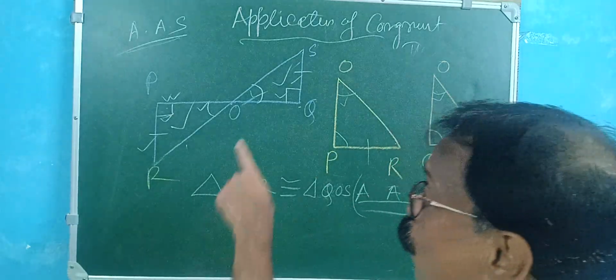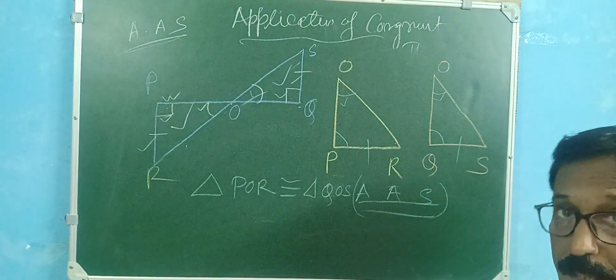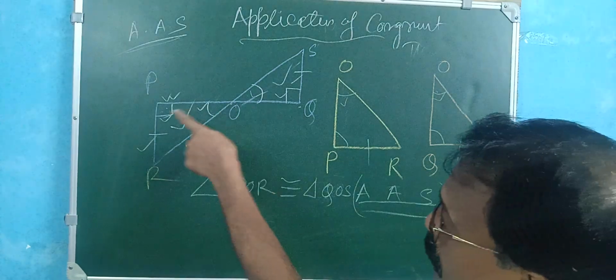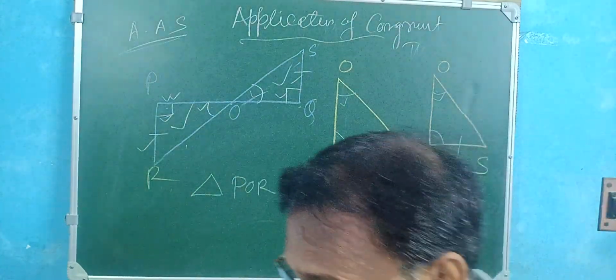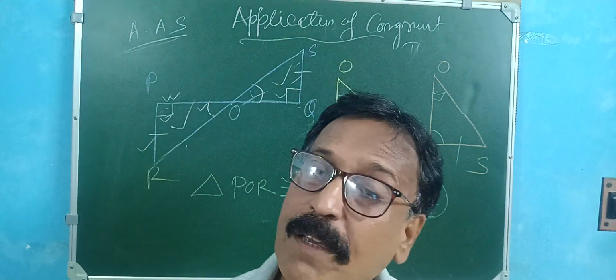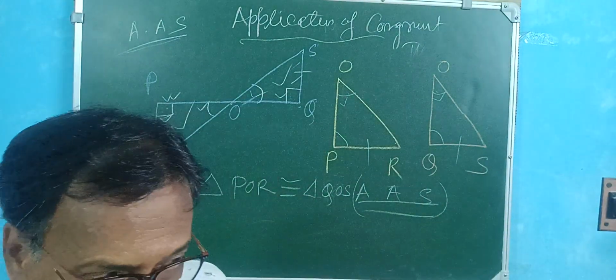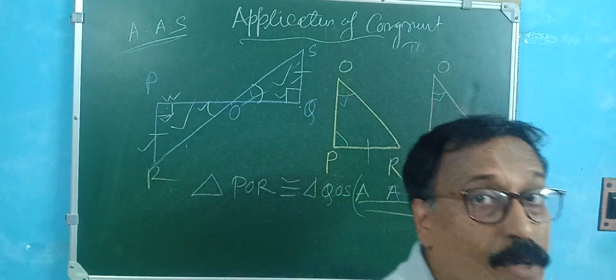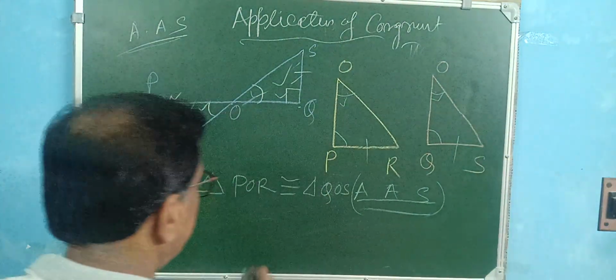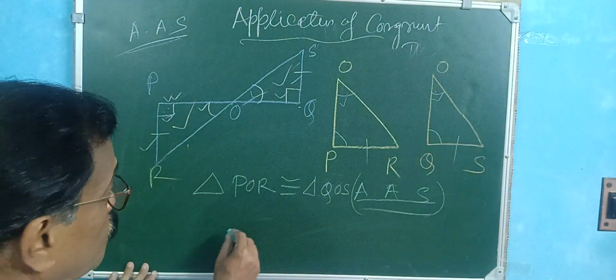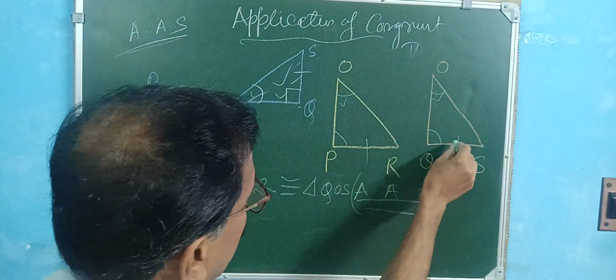But here the question is not to prove the congruency. Here the question is: O is the midpoint. You have to prove it. O is the midpoint of PQ or O is the midpoint of RS. So in which way do you prove? Now coming to CPCT. Congruent parts of congruent triangles are always equal. So this side equals this side.